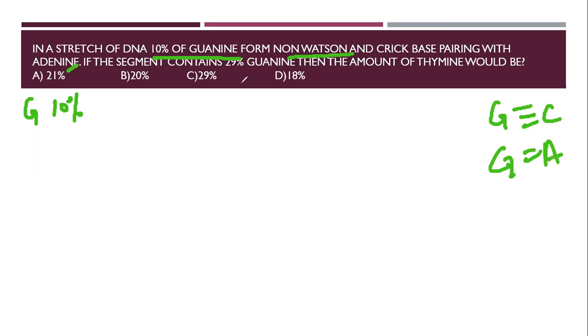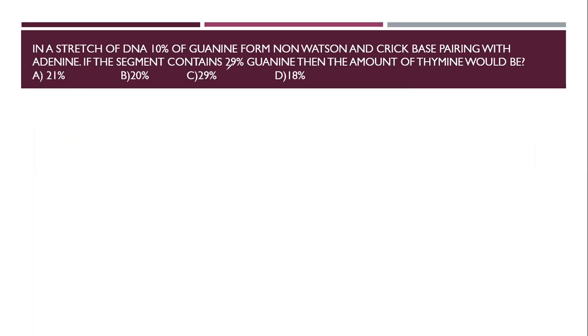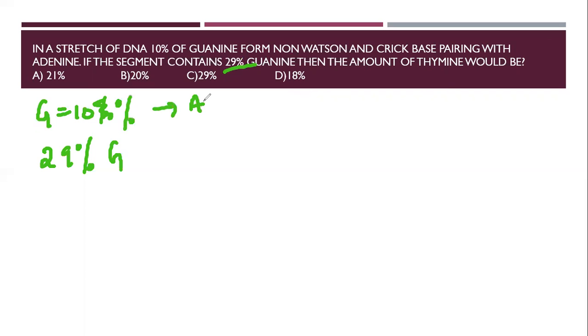Now if the segment contains 29% guanine, then the amount of thymine would be dash. So 10% it is forming with A. Total 29% is present.